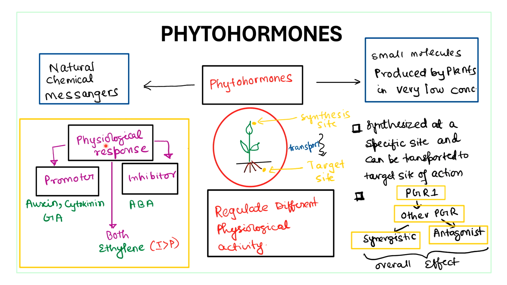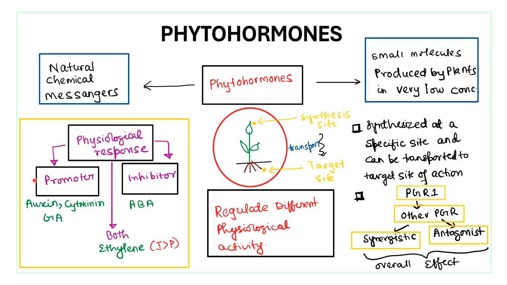Coming to the different examples of phytohormones, we have 5 main classes of phytohormones, that is auxin, cytokinin, gibberellic acid, ethylene and abscisic acid. Now, we can classify these phytohormones into two types, on the basis of whether they positively impact or enhance a physiological response.